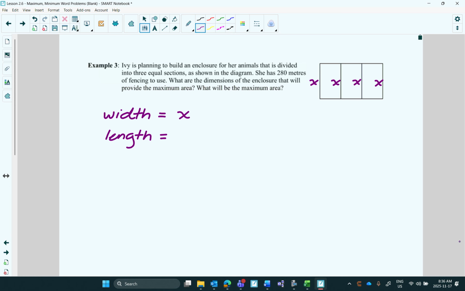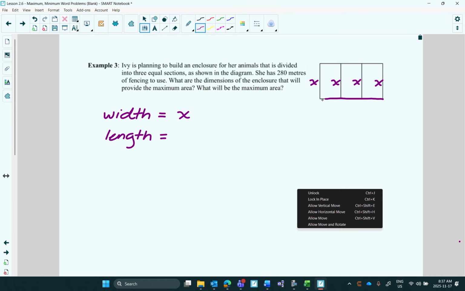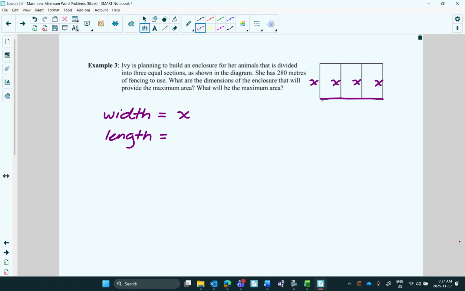Now we have to come up with an expression for the length, keeping in mind that the total amount of fencing I'm using, length and width all the way around, and then the 2 widths in the middle, is 280. Okay? How would I get an expression for one of the lengths? Well, what's the total amount of fencing I can use? 280, and then I'm going to take these away, right?